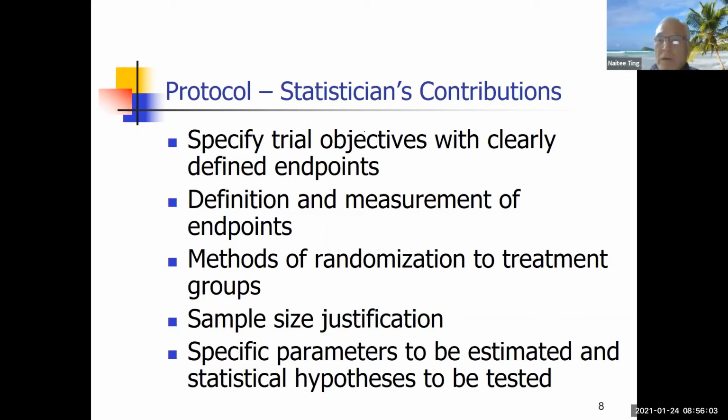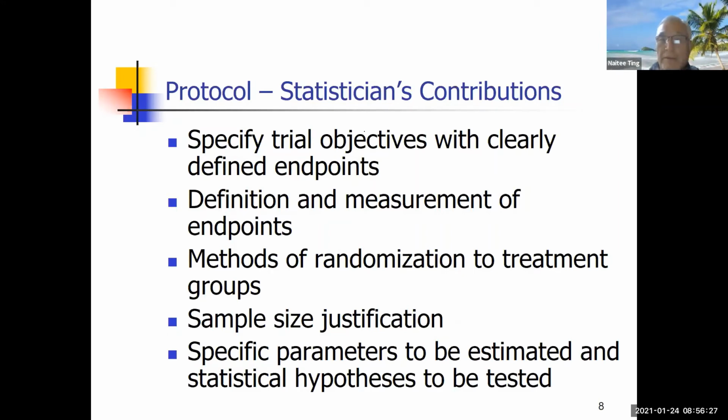Okay. Now, how to measure? All right. So how can we translate that study objective into a statistical hypothesis? All right. And from that statistical hypothesis, it reflects the endpoints. And of course, nowadays we're talking about estimand. So what is your estimand? We need to understand what that is. And how do I achieve that estimate? All right.